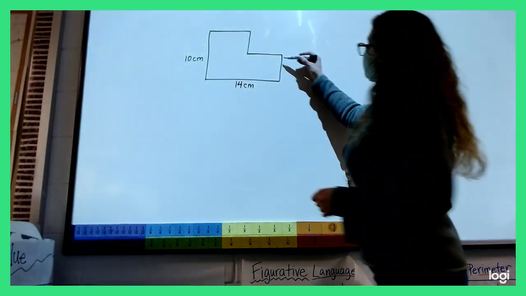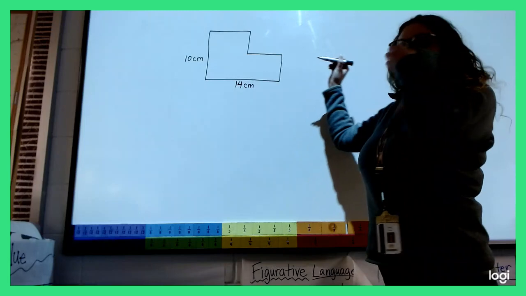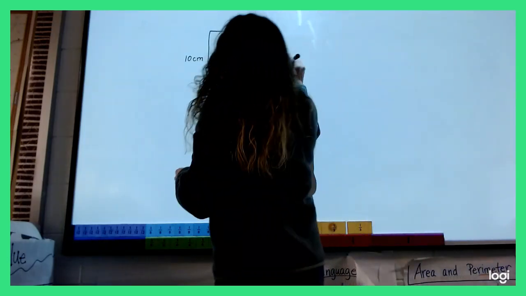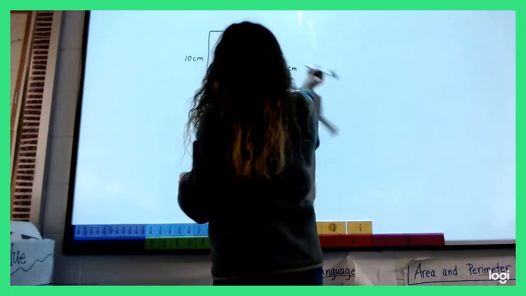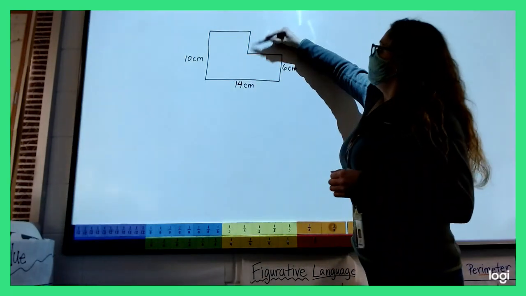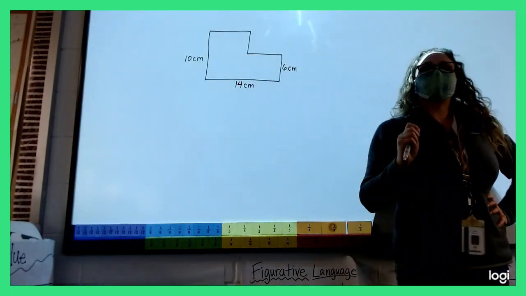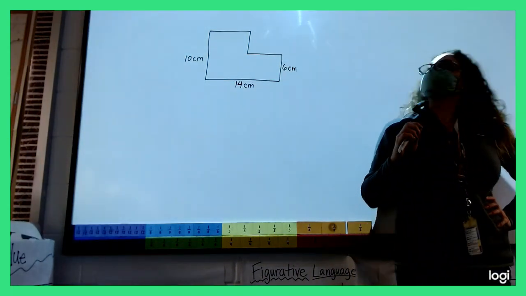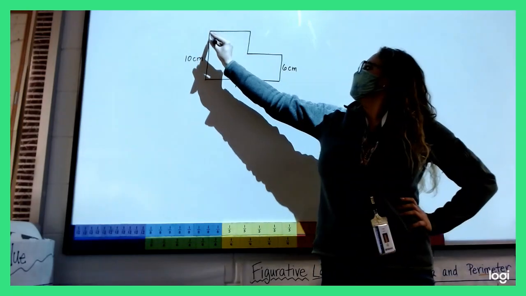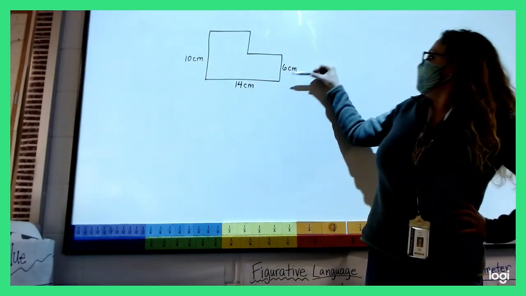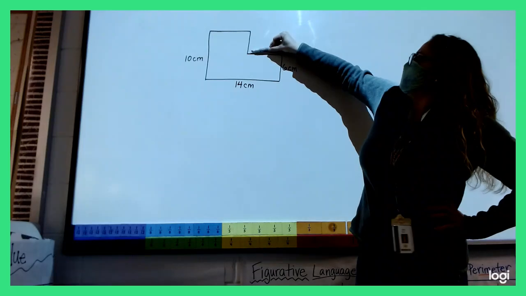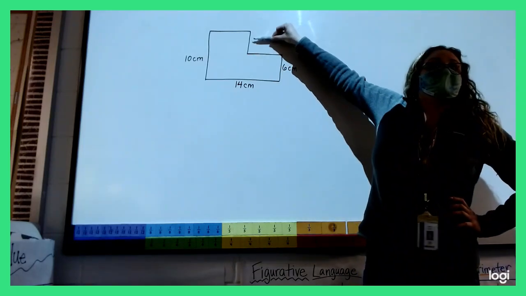So, this short little side, I'm going to give you some measurements, okay? This side is 6 centimeters. And this side, well, let's see if anyone can figure out what it has to be. Everyone look very carefully. If I know this entire side is 10, this part is 6, what does this have to be? Abby?